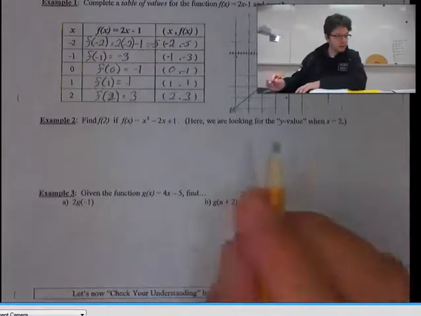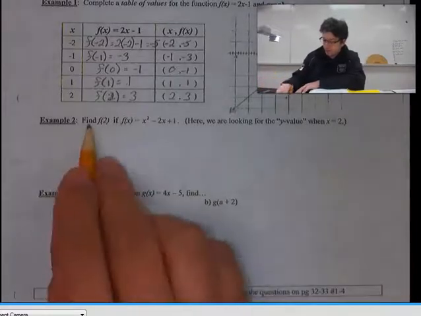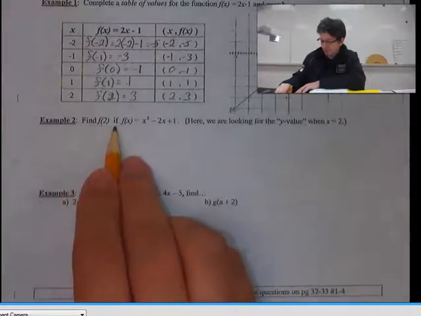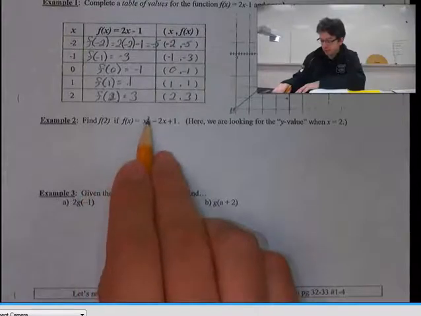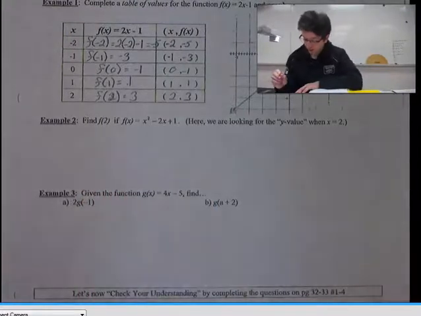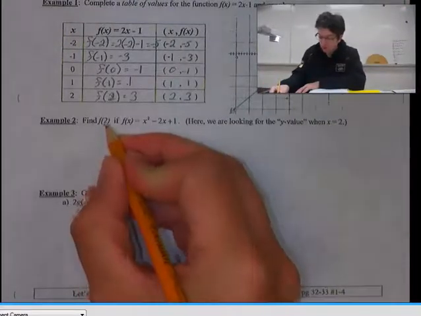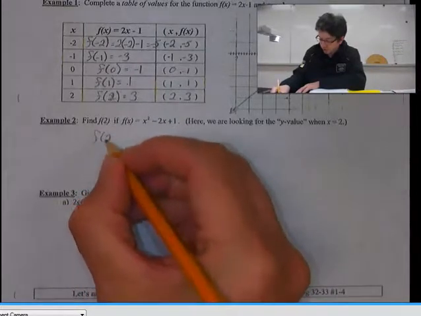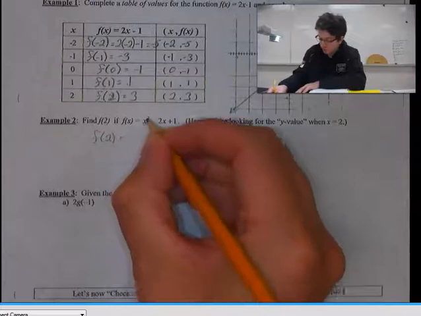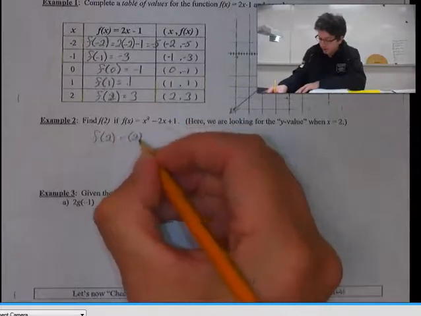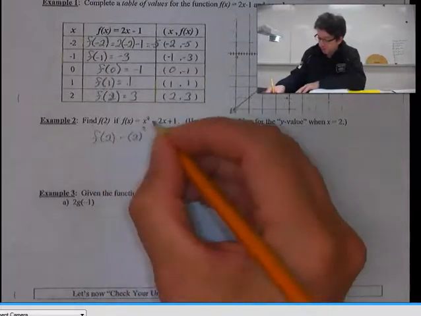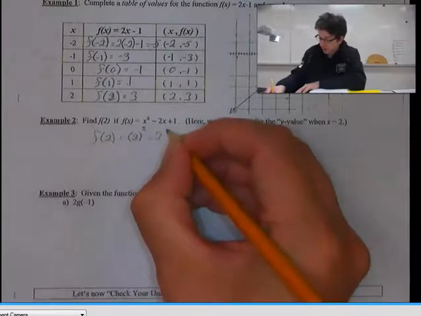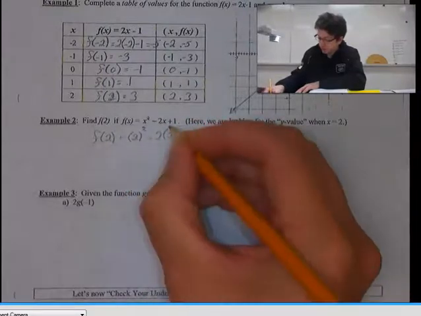All right, so let's do some more examples. This one says, find f of 2 if f at x is x squared minus 2x plus 1. We're just substituting 2 instead of x. So f at 2 is going to equal 2 squared, and if it helps, always put brackets, minus 2 times x, which is substituting 2, plus 1.